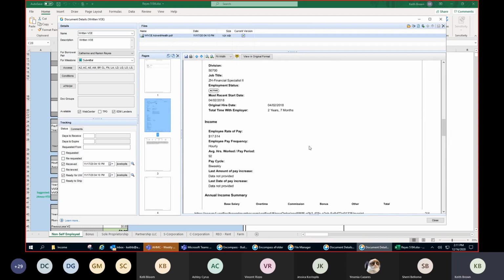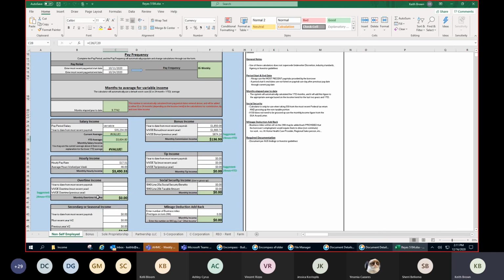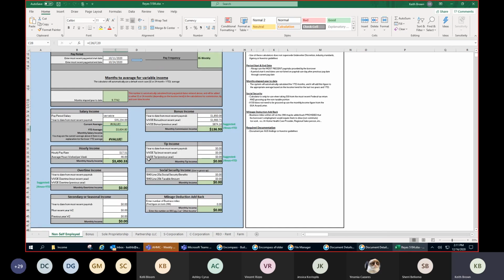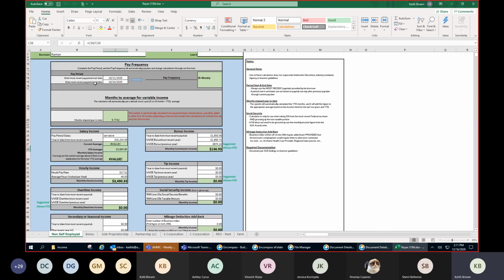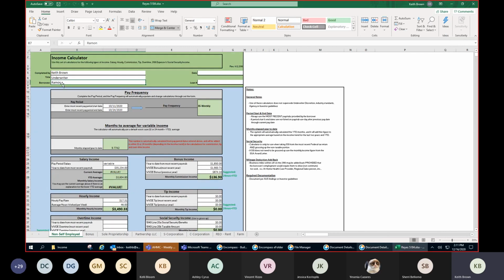I always calculate this by hand, and sometimes if you want to, and I have done this, I will open up a new one of these, and I'll title it income from the WVOE, right? I'll put WVOE income here, and I'll put in the VOE date so I can see how the VOE year-to-date compares with the pay stub year-to-date, all right?